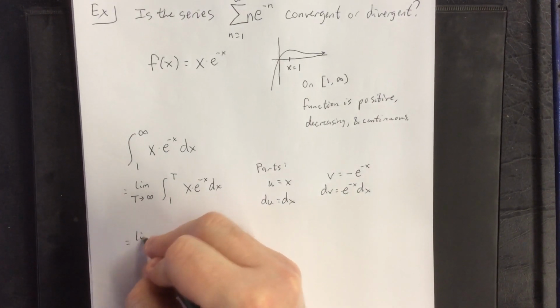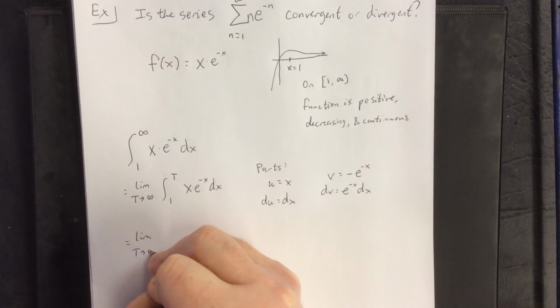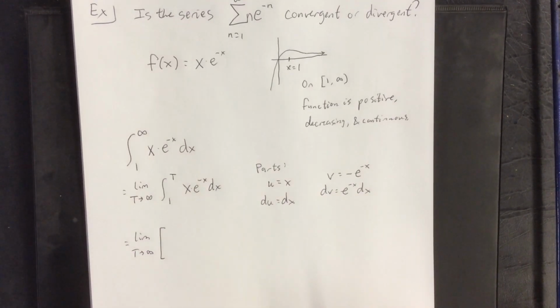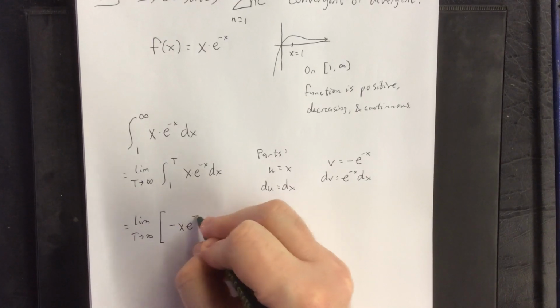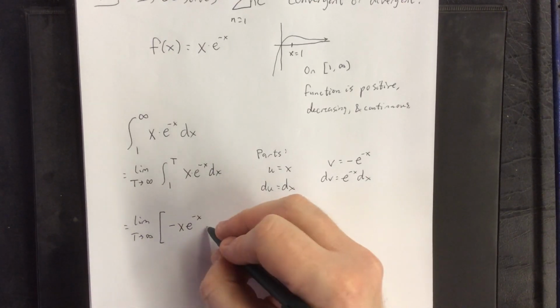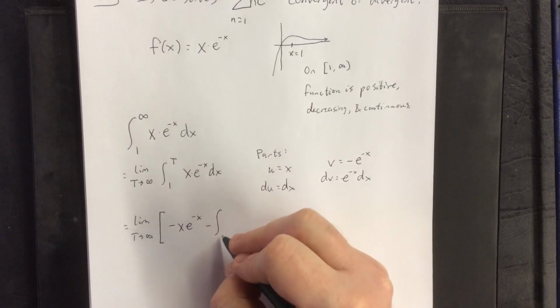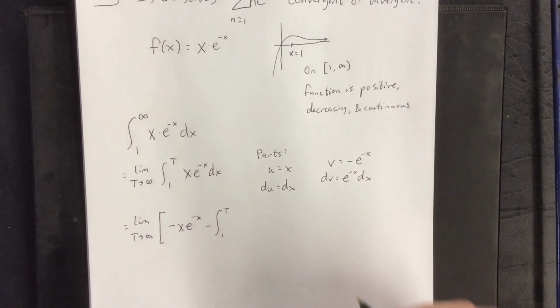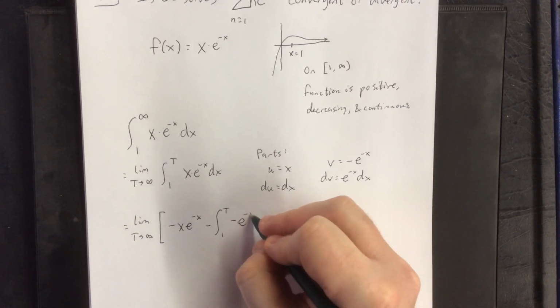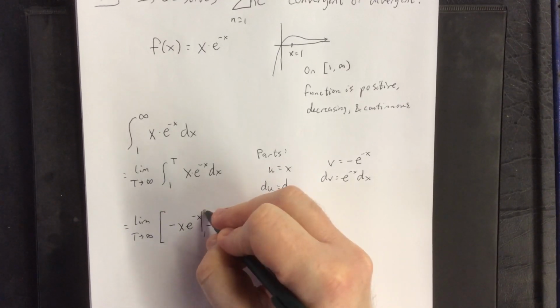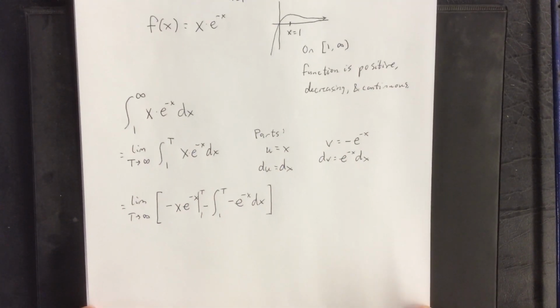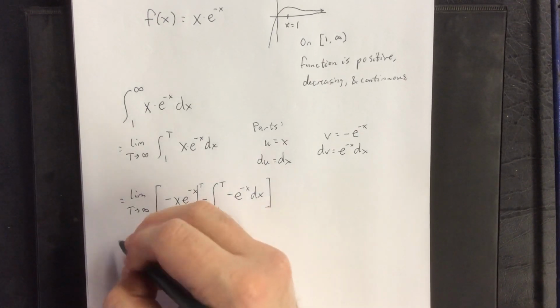So according to the integral by parts formula, this will be the limit as capital T approaches infinity of u times v minus the integral of v du. This part of the integral has already been evaluated, but before we start plugging stuff in, we'll go ahead and finish our integral over here.